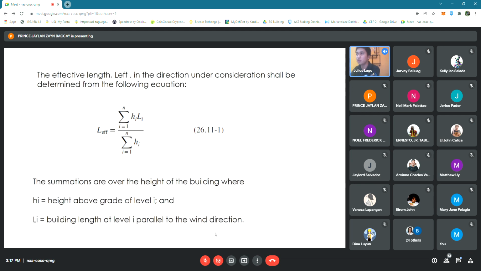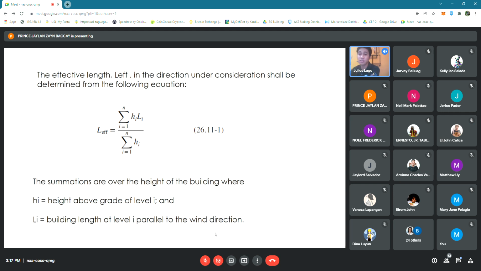So how do you determine the effective length? We just use this formula. It's the ratio between the summation of HI and LI from 1 to N over the summation of HI from 1 to N. What is HI? That's the height above the grade of the level. And LI is the building length at level I parallel to the wind direction. At level I, it could be that you're only single-story, so that's only one level.